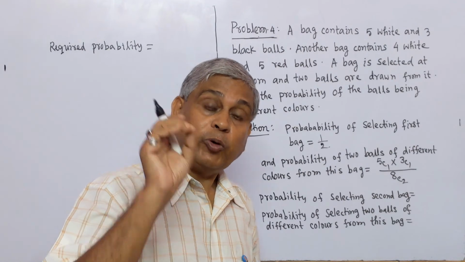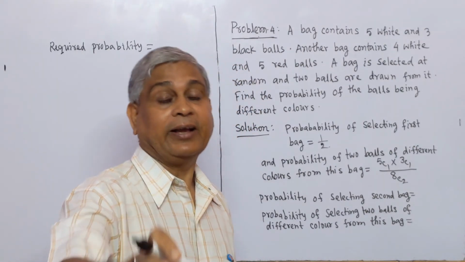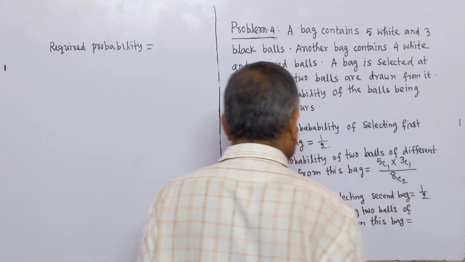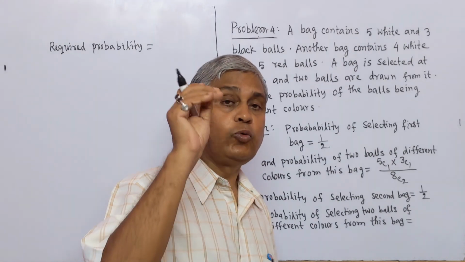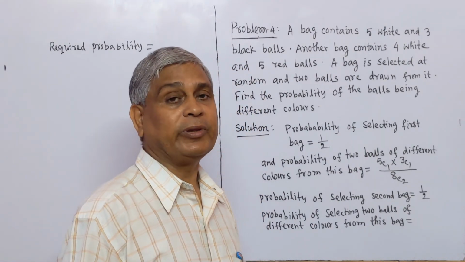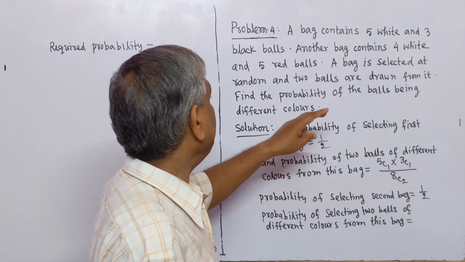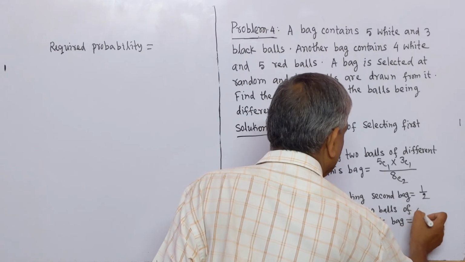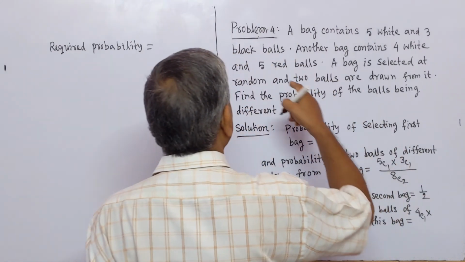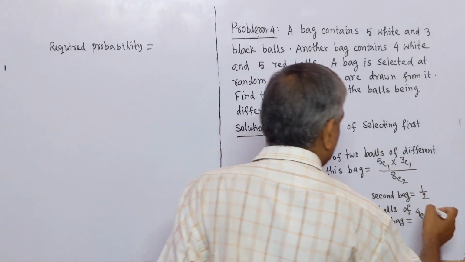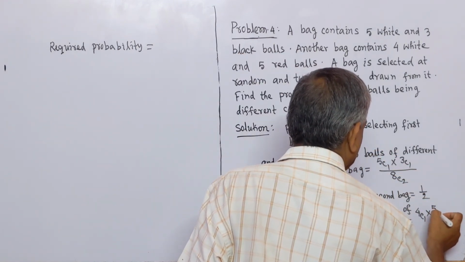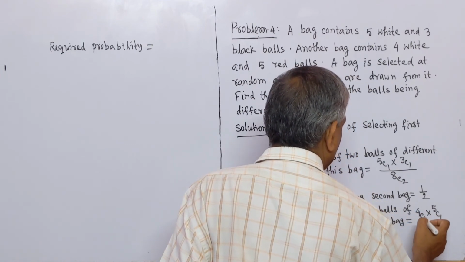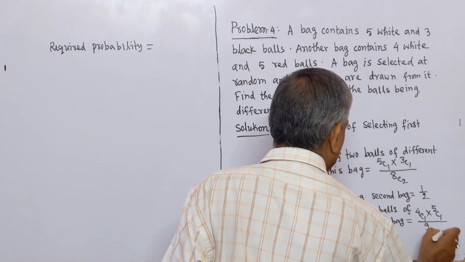Similarly, the probability for selecting the second bag is half, and probability of selecting 2 balls of different color from the second bag: in second bag we have 4 white, so we take 1 white out of 4 white multiply, here 5 red, means 1 red out of 5 red, by here 5 plus 4, 9C2.